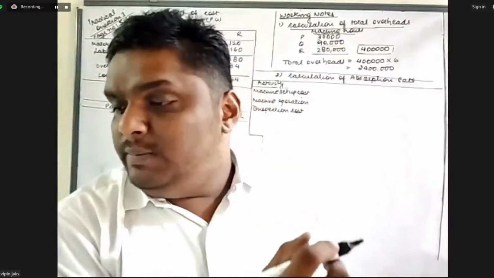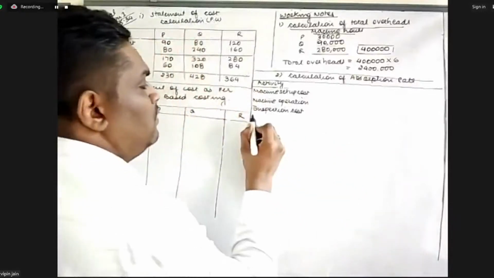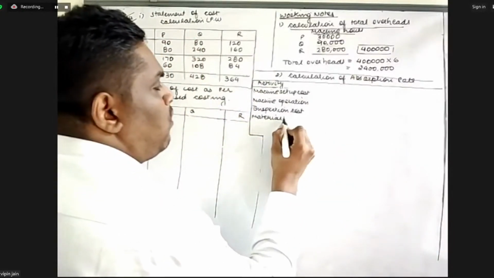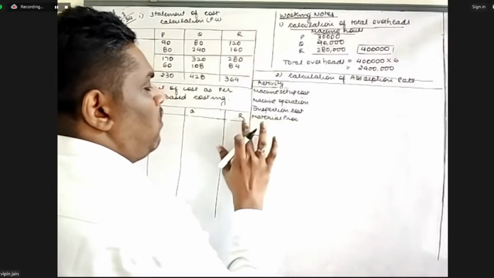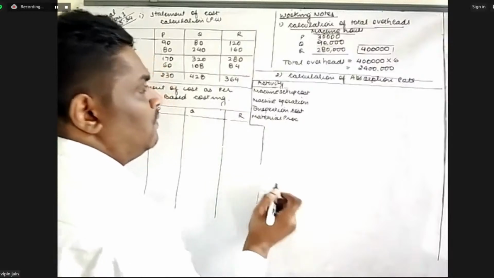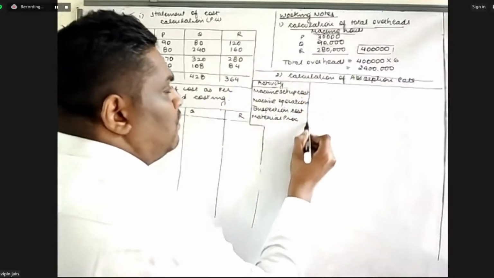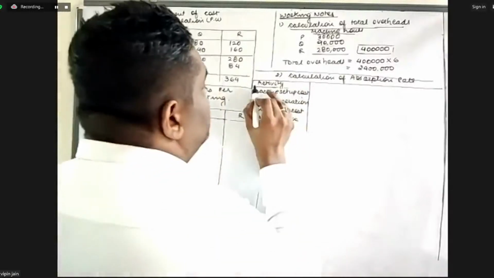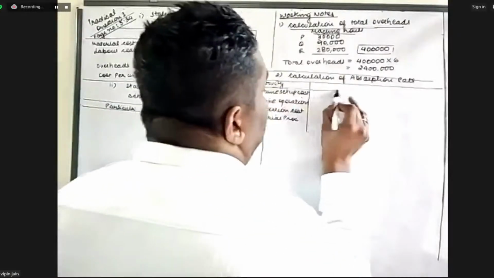And thereafter, it is material procurement cost. These are the activities that are given in the question.